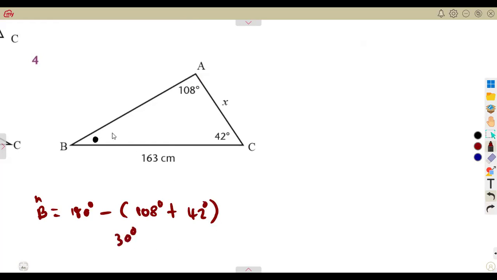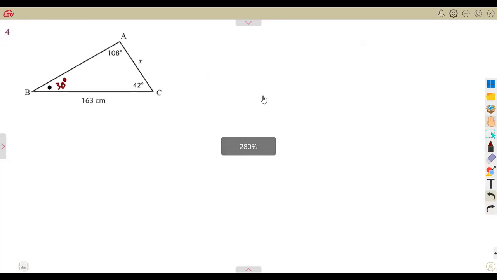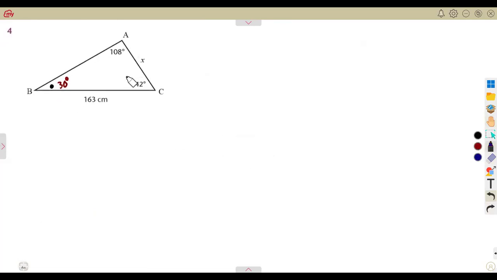So if this angle is 30 degrees, we can use our sine rule to calculate X because we have got the condition that best suits our sine rule: a side opposite to an angle, and another side opposite to another angle. So it's a side pair concept.